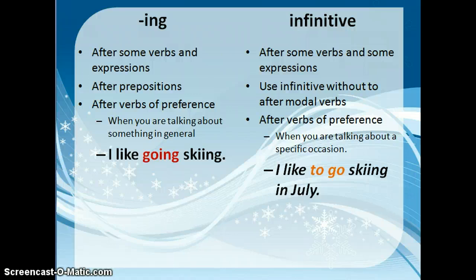Then, as we saw with the gerund form, we can also use the infinitive after verbs of preference, but here the meaning is slightly different. For example, I like to go skiing in July. We're being more specific. When do you like going skiing? Well, I like to go in July. So when we're talking about more general, more open things, we use the gerund form, and when we talk about specific occasions, we use to and the infinitive.